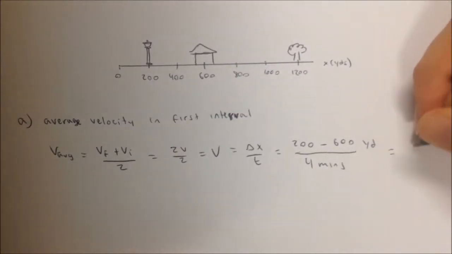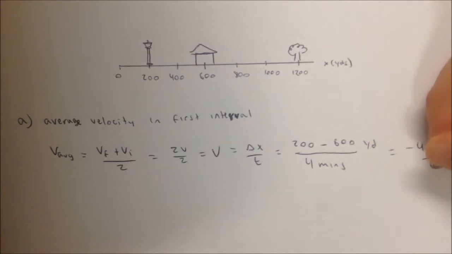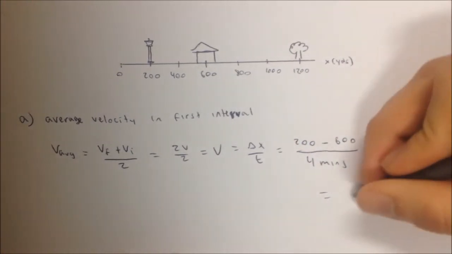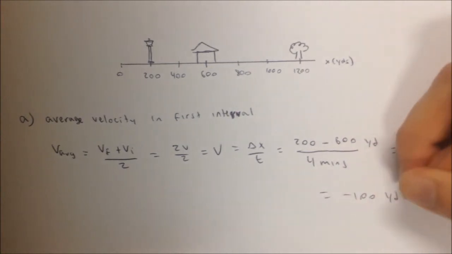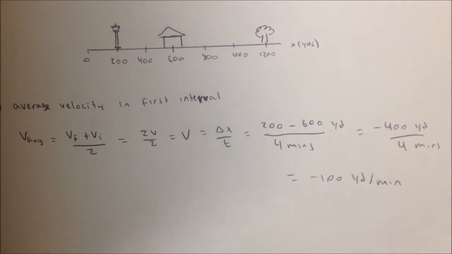This gives us negative 400 yards over 4 minutes, which gives us negative 100 yards per minute. And that's part A of this problem.